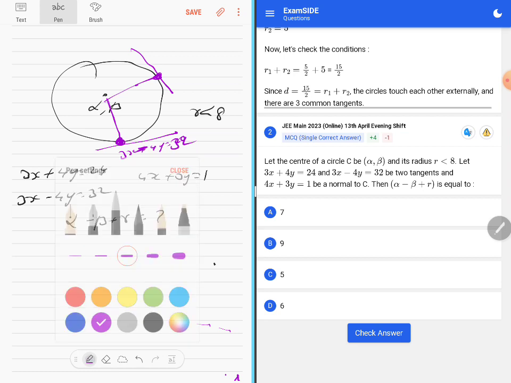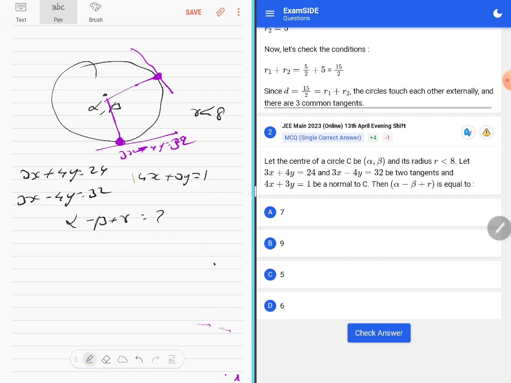But you know that the center is going to pass through the normal, 4x plus 3y is equal to 1. So on substituting alpha and beta, you get 4 alpha plus 3 beta is equal to 1. So you can write 3 beta is equal to 1 minus 4 alpha, beta is equal to 1 minus 4 alpha by 3. Thus you can write the center as alpha and 1 minus 4 alpha by 3.